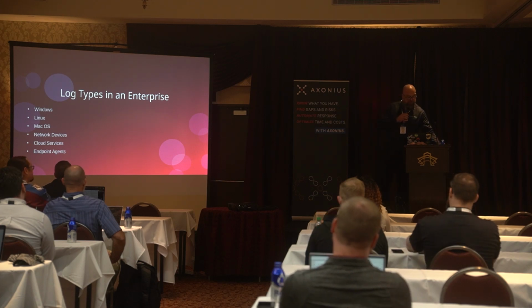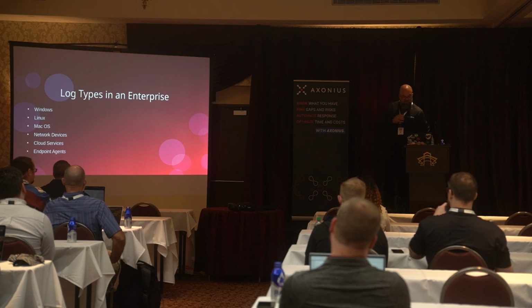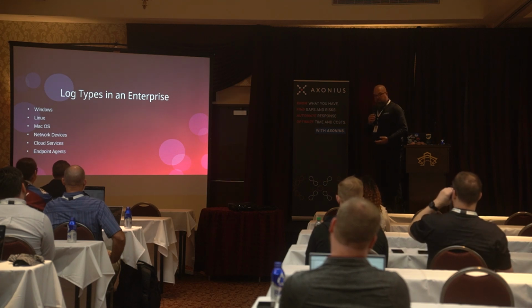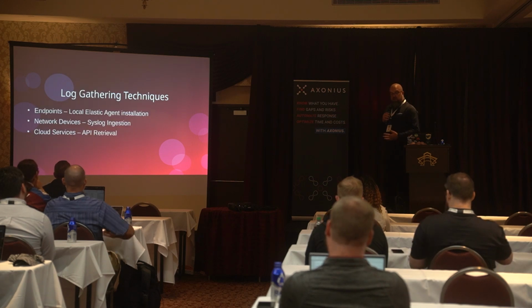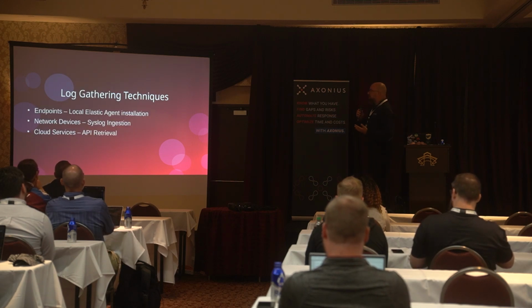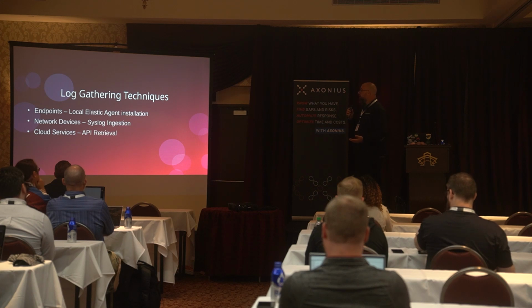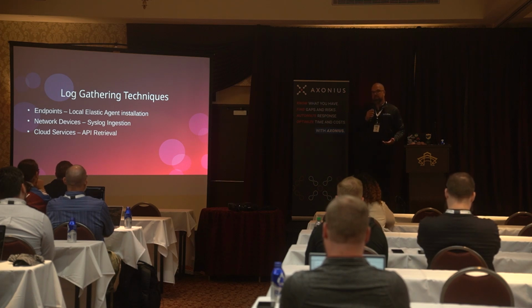Okay, thank you. So we've got all of these different log types floating around in our enterprise. How do we gather them? Well, in a Security Onion deployment like I'm talking about here, from the endpoints, we can do a local installation of the Elastic Agent. The Elastic Agent is an endpoint agent. It's available for Windows, Linux, and Mac OS clients.